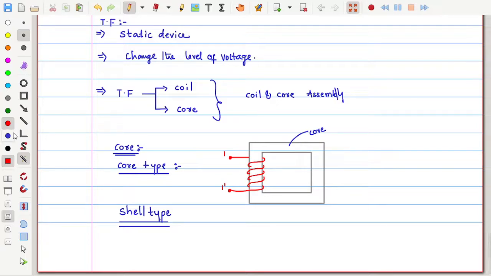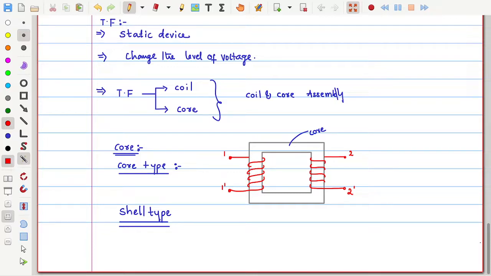And we may have more than one coil also. On the other side of the same core, we may put one more coil. So this may be the two dash coil. Now see the phenomena, the fundamental difference first, then I will go to the core and coil assembly concept.